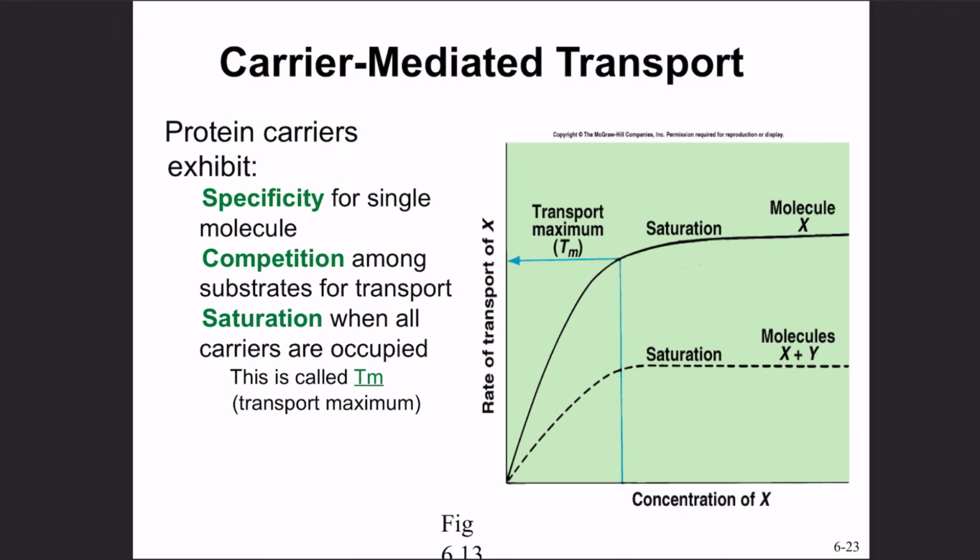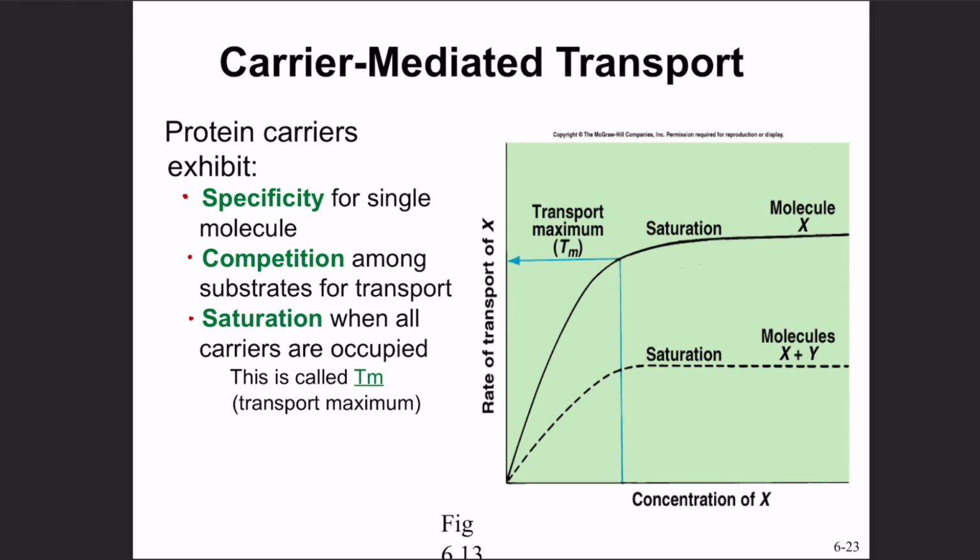These protein carriers are proteins, and as you can remember from our last video, that means they have specificity. They are highly specific. They are only going to move one molecule. They may have competition, where certain substrates may compete with the substrates for transport, and they may be saturated when all the carriers are occupied.